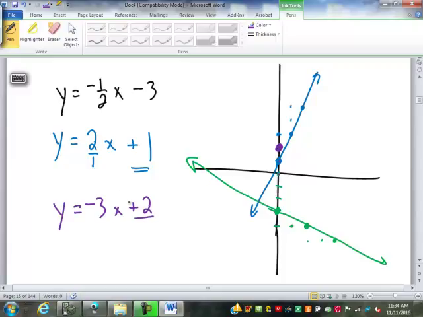Now my slope is a negative 3. I'm going to make that a negative 3 over 1. So now from this starting point, where do I go? It's a negative 3, so I go down 3 over 1. Run 1. There's my line.